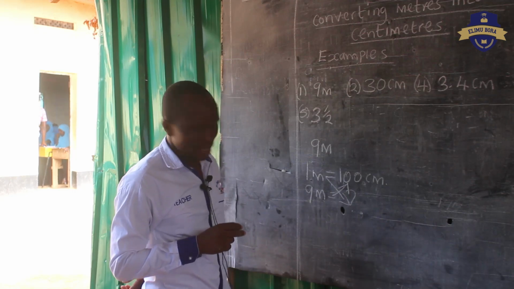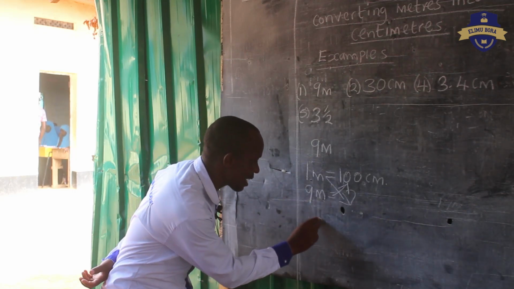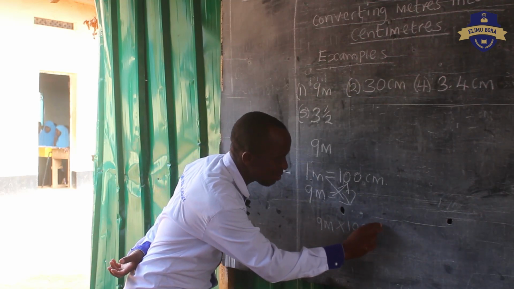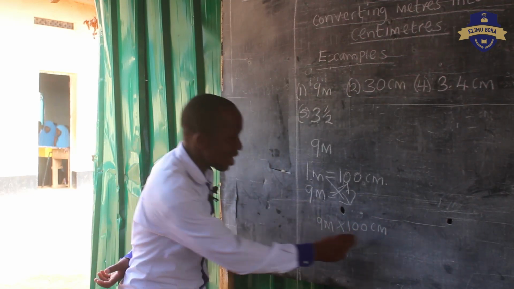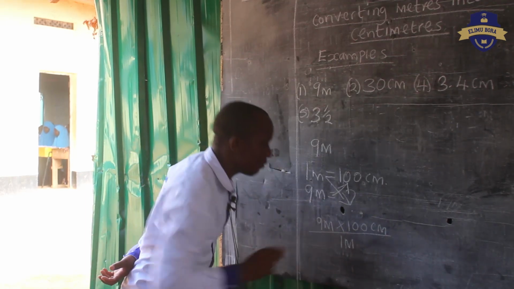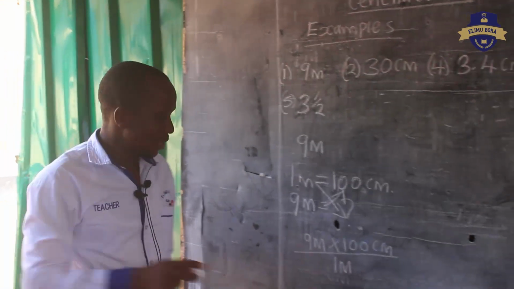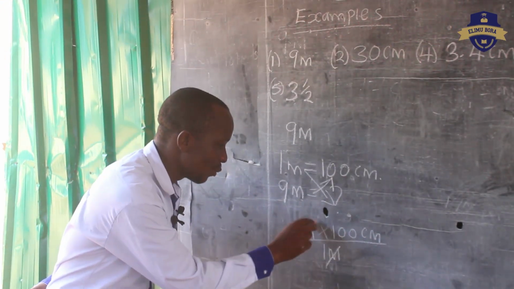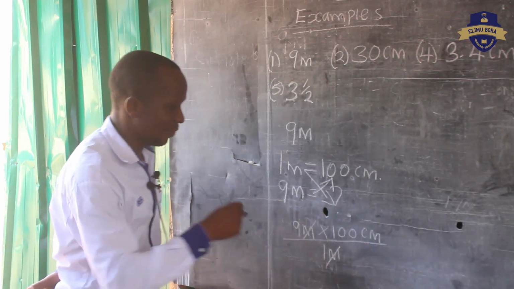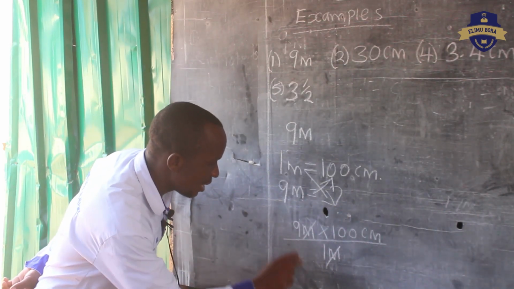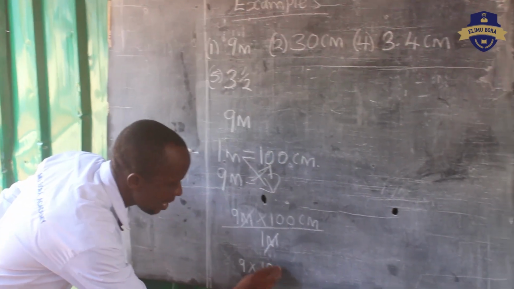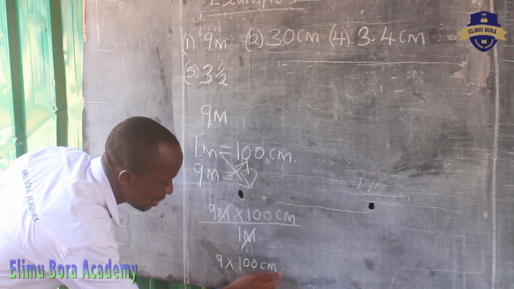Is it clear? Yes. Then from there you take 9 meters, multiply by 100 centimeters, all over 1 meter. Then you cancel meter with meter. So the next step, you take 9 multiplied by 100 centimeters.